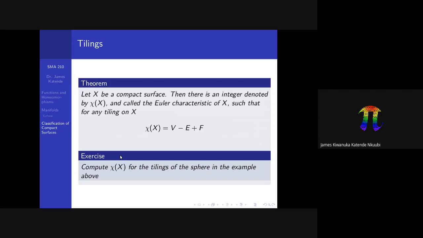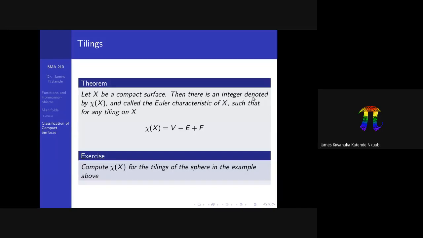So this theorem is also a very useful one. It's called the basic tiling conjecture. The basic tiling conjecture says the following: let X be a compact surface.